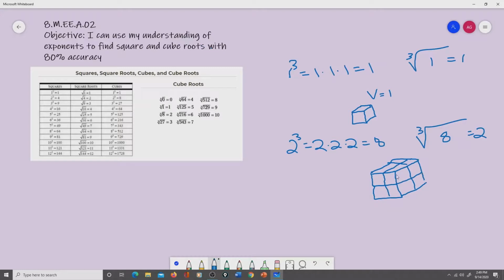Right, and again, if we were to count up these blocks, I'd have 1 block here, this block here, 3, 4, 5, 6, and then the 2 in the back corner, 7, and there'd be 1 back there, 8. So we can see that that's 8 little cubes in this 2 by 2 cube. Okay, and so that tells us our cube roots. Again, you can see all the different cube roots right here that we would need to know.